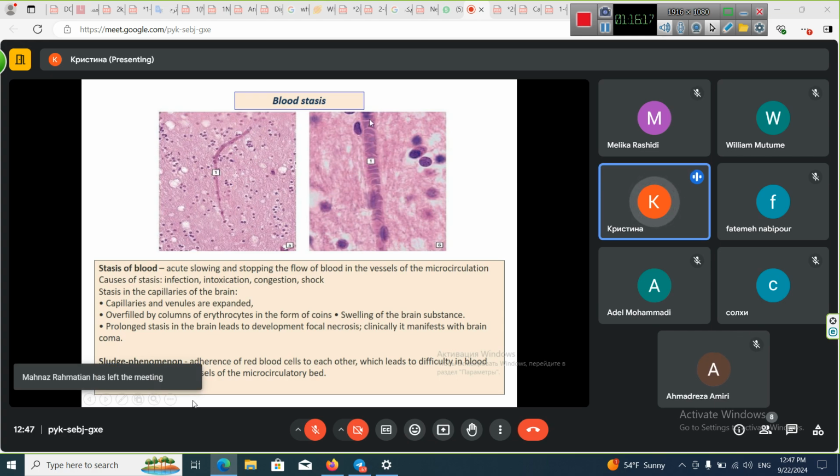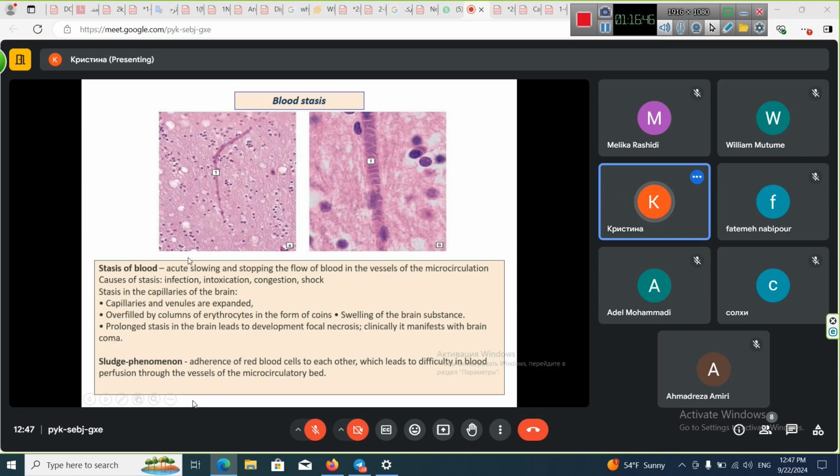So it's the capillary endothelial cell nucleus, another endothelial cell nucleus, and the erythrocytes are very closely staying together. They are in the form of a stack of coins. Form of coins, stack of coins.